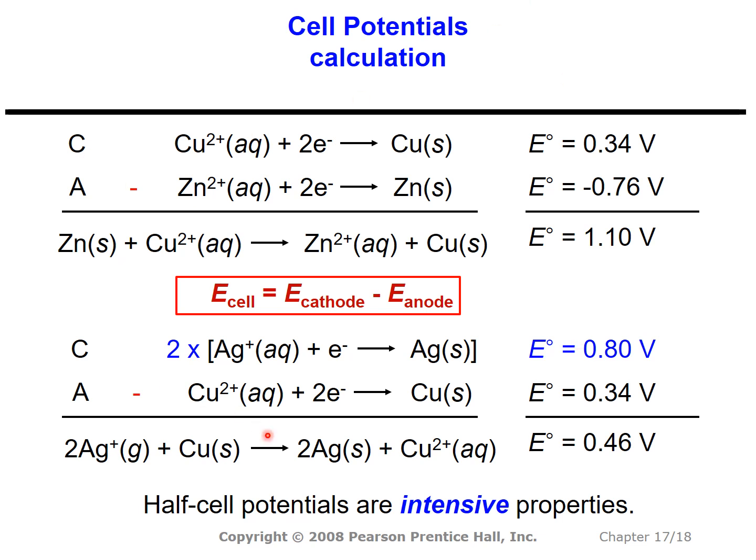So the silver plus silver pair is the cathode, and the copper 2 plus copper pair is the anode, and then minus sign. Let me obtain the full cell equation first. You should compare the number of electrons. For the first reaction, we have only 1 electron. However, in the second reaction, we have 2 electrons.